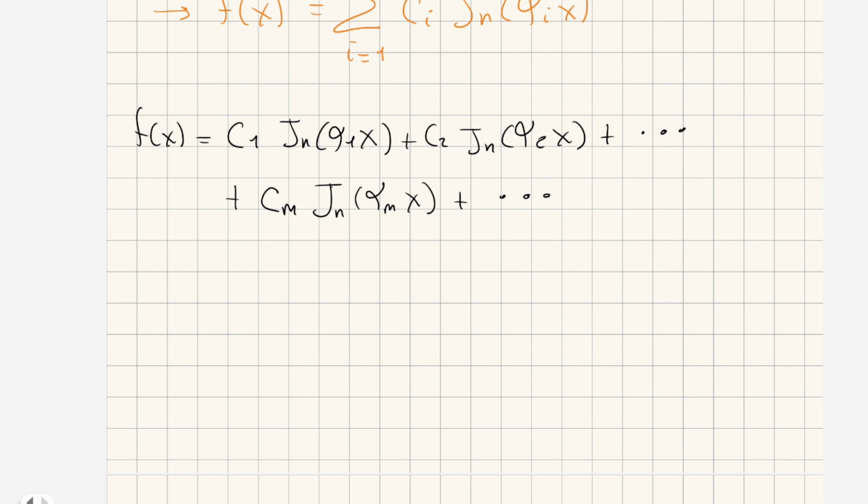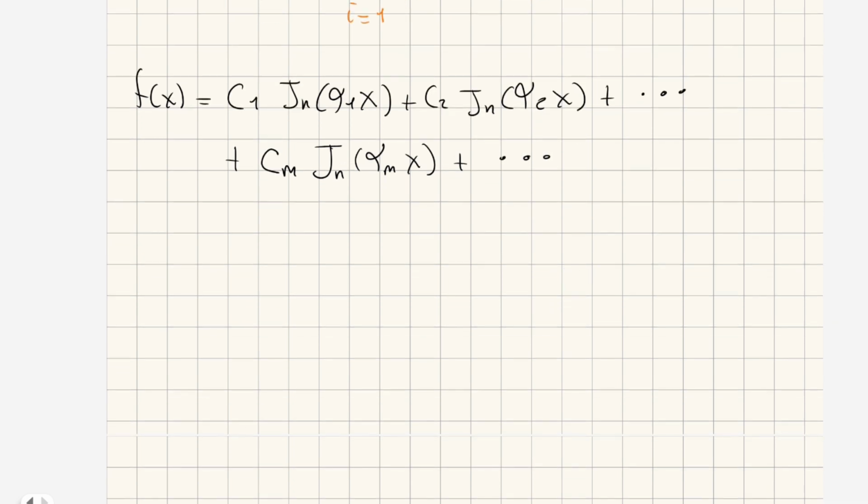And we keep going. So what we are going to do is to multiply this equation by x times Jn(alpha m x).